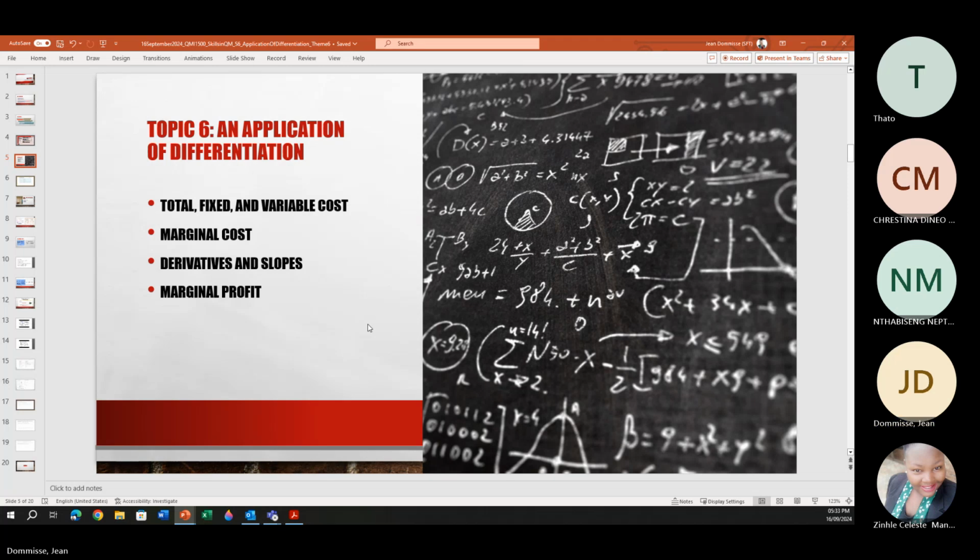And then basically, the same as we got marginal cost from total cost, we will look at total profit, which is total revenue minus total cost. And if we differentiate total profit, we will get to marginal profit.